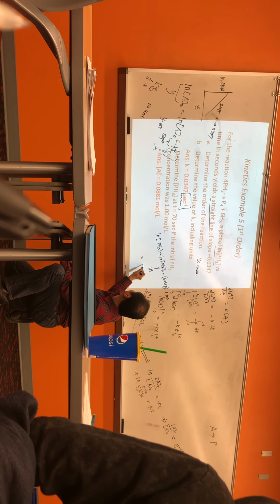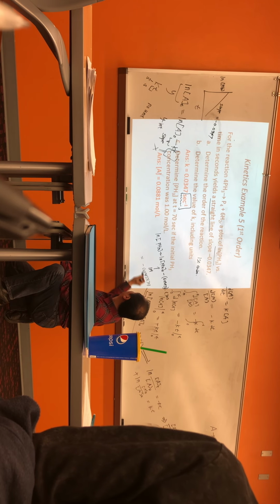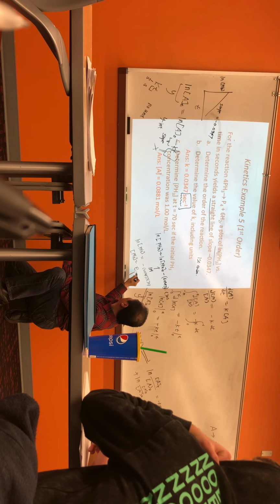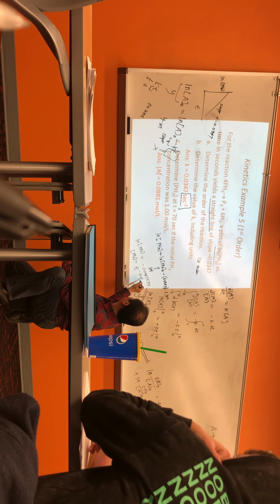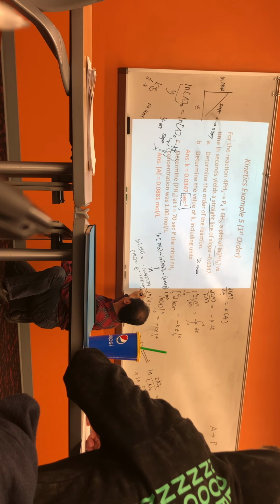The logarithm of 1 is 0, so I have negative 0.0347 times 70. That's my logarithm of PH3. So my concentration of PH3 later is exponential of negative 0.0347 times 70.